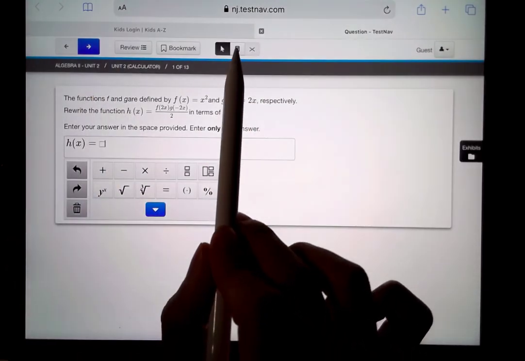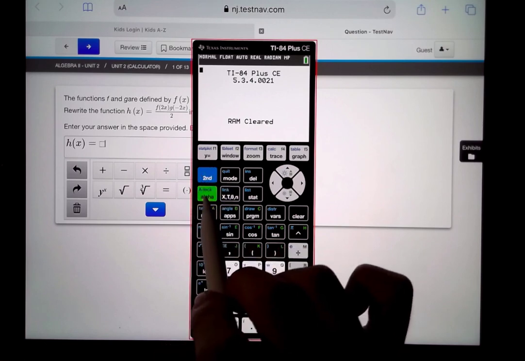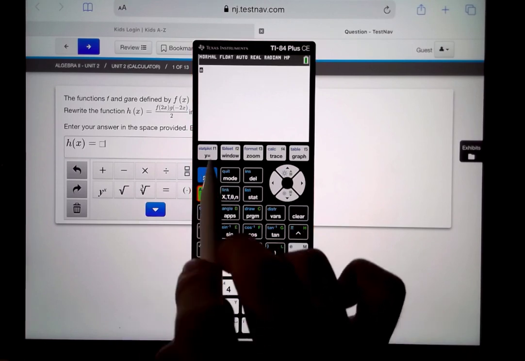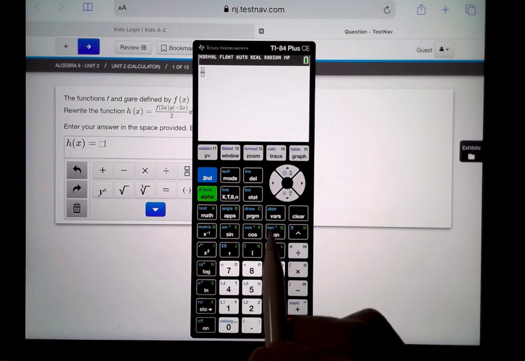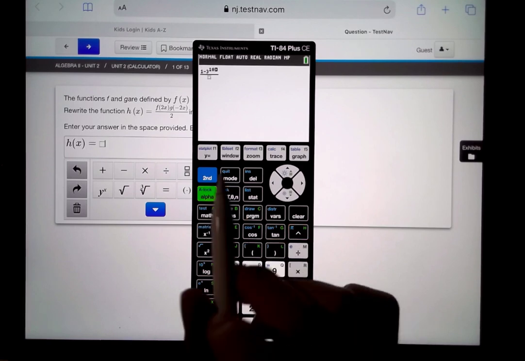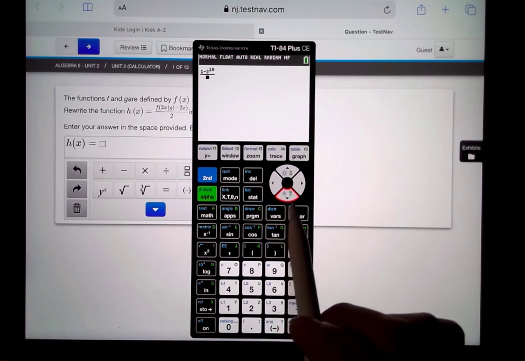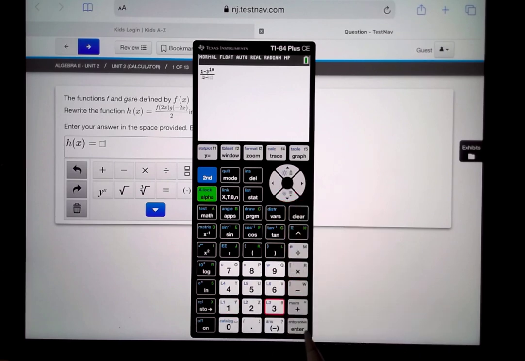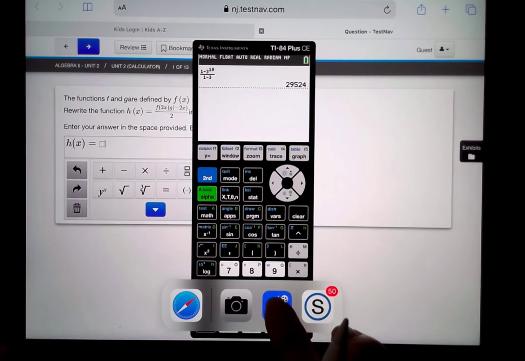So I'm using the TI-84 because I want to use the fraction. So alpha y is equal to, then you can put the fraction, right? And then that was 1 minus 3 to the 10. Because 3 is positive, I didn't put the parentheses for that. When it's negative, you should put the parentheses, right? 1 minus 3. Then that's this number. And what was our question?